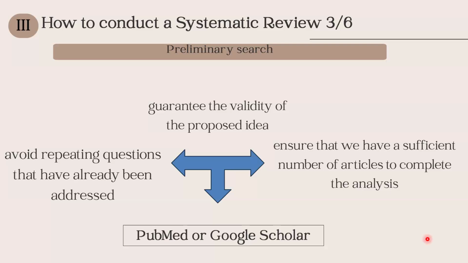Indeed, if you ignore this step, our study risks being cancelled if we discover that a similar study has already been published. This means we're wasting our time dealing with a problem that has long since been addressed. To do this, we can start with a simple search in PubMed or Google Scholar.